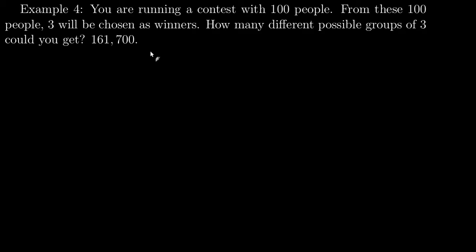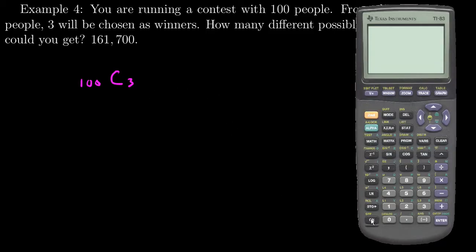In this problem, there is no difference between the first, second, and third winner. They're all just winners. So this is a combination, not a permutation. I just do 100C3. Either put it in the calculator. I guess I'll show another calculator. I haven't shown one in this video yet, so I just do 100 math NCR 3, and that'll work.